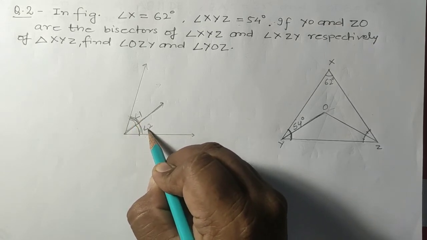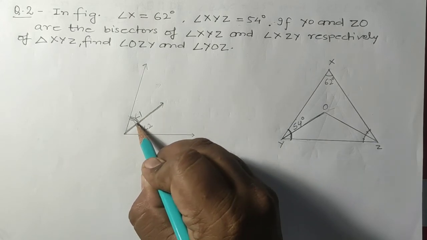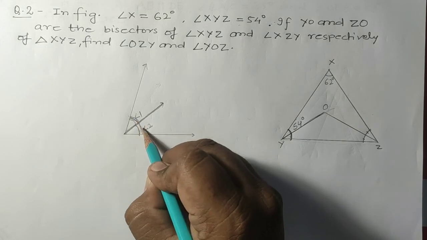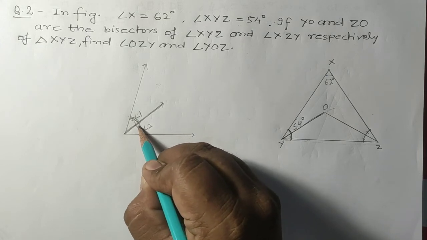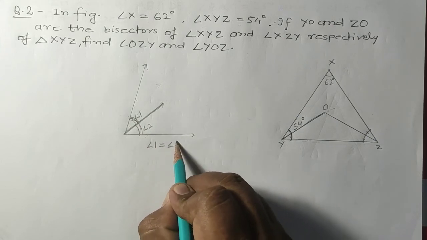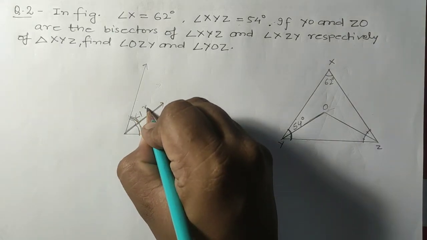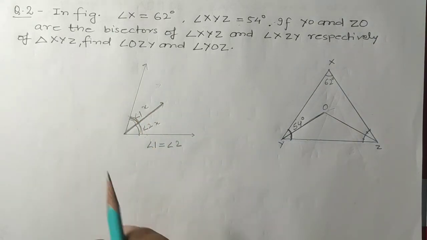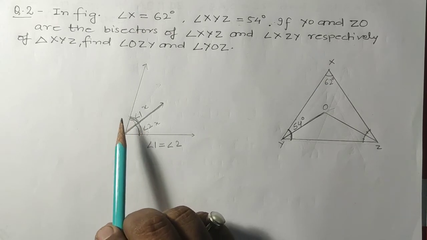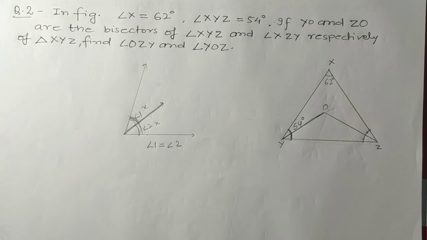Bisector means that this ray is exactly dividing the angle into two parts, meaning angle 1 and angle 2 will be equal. Whatever the angle is, suppose here it is X, then here also X; here it is Y, then here also Y; here it is 30 degrees, then here also 30 degrees. So basically bisector means dividing the angle into two equal parts.